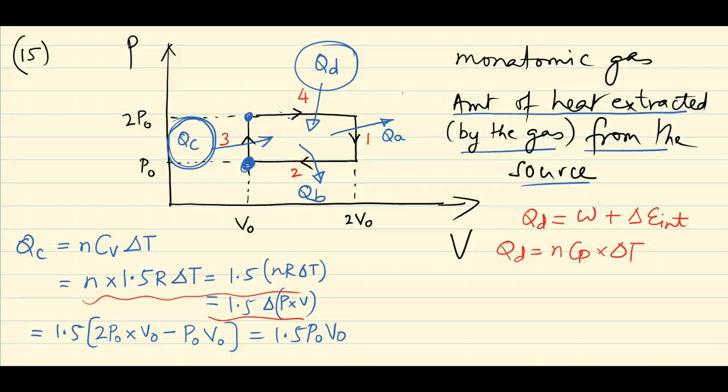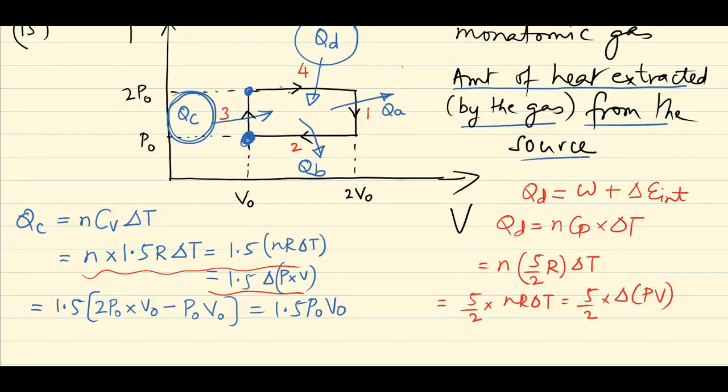which is therefore going to be equal to n times, now Cp for a monatomic gas is 5 by 2 R, times delta T, and that turns out to be 5 by 2 multiplied by nR delta T, which is 5 by 2 times delta PV. Now that's going to be 5 by 2 times PV final.